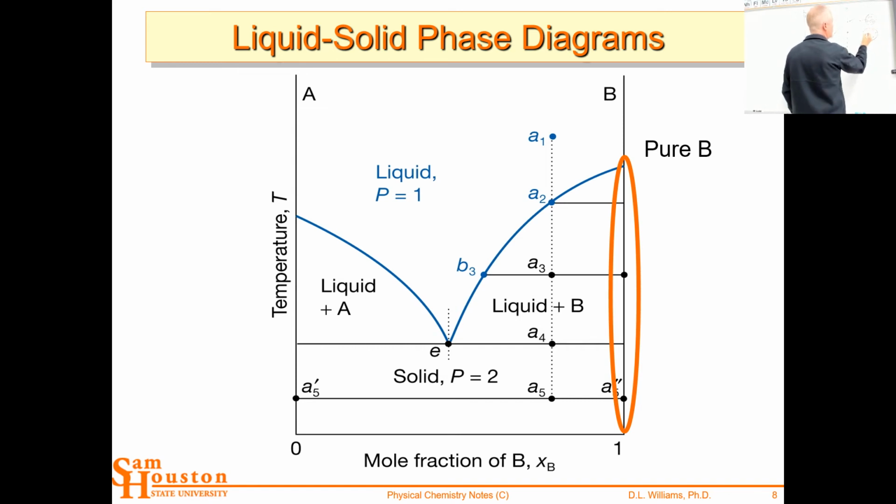It's beyond our microscope there. So let me draw A. Since we're losing B, we have a lot of A in our liquid. You see, it's getting more enriched in A as we're pulling B out.